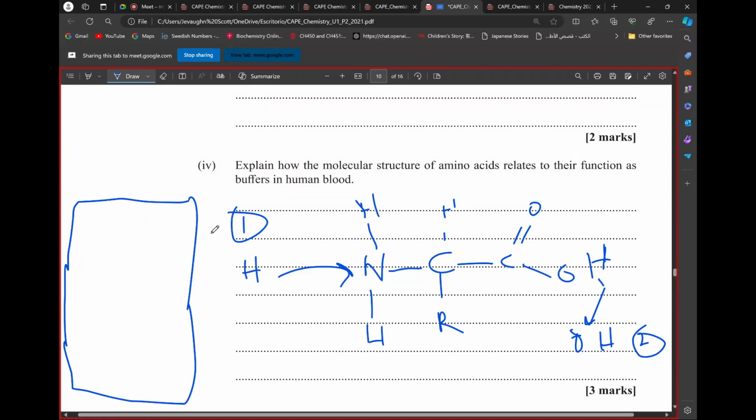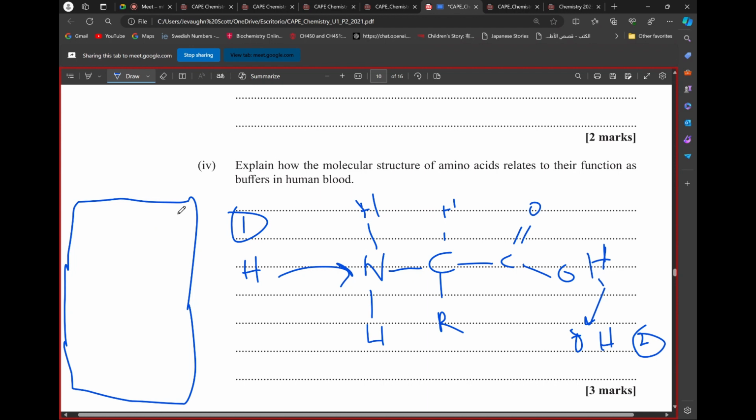But what's happening here? You see all that space I just put a rectangle around? All that space is your space on the paper to write this diagram and refer to it. You can draw diagrams and refer to them. So what this diagram is saying is that amino acids naturally contain a carboxylic acid group and an amine group.